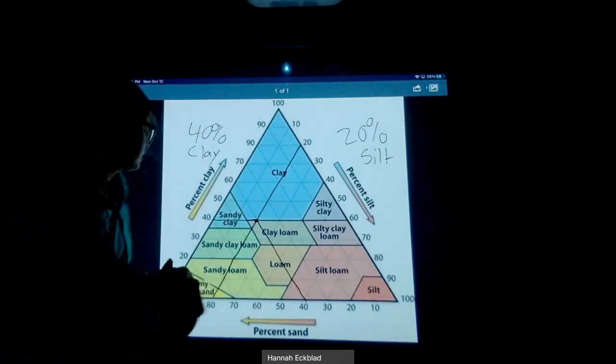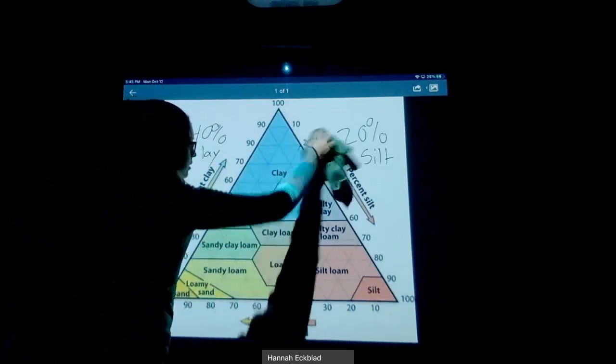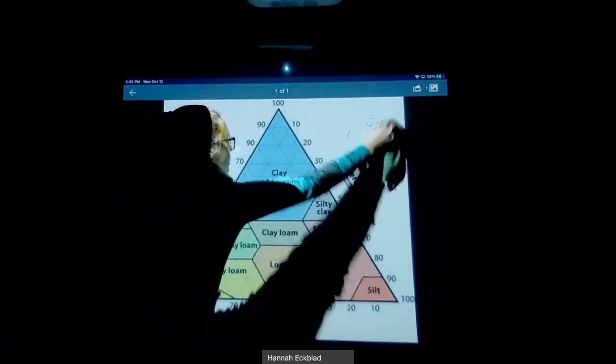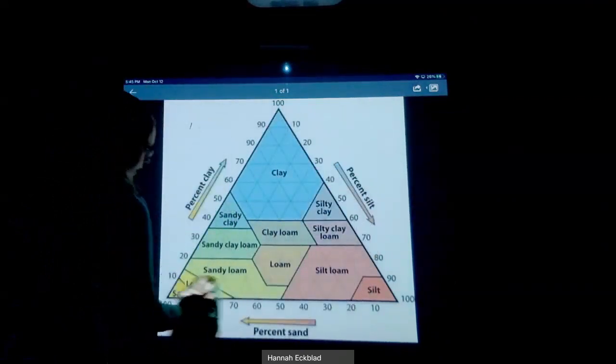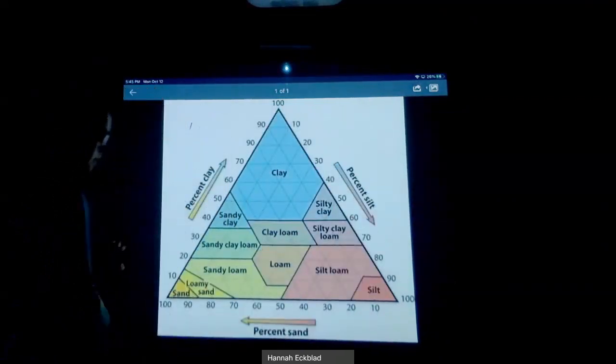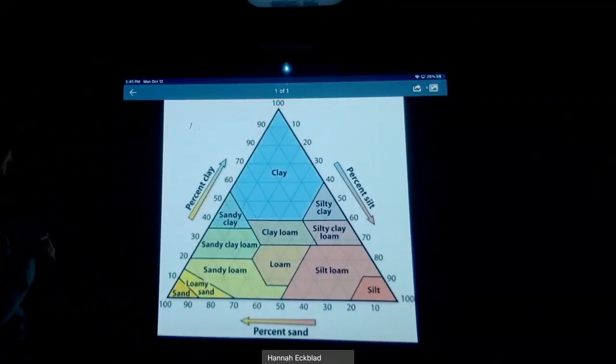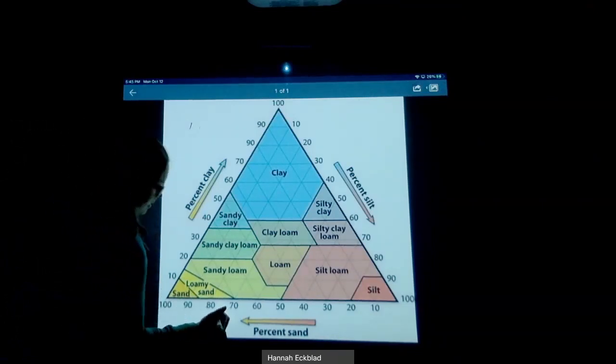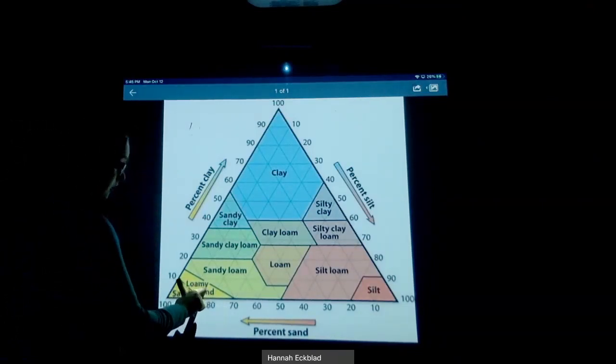Now, say I know that I have a soil that is a silt loam. Then we're going to do a smaller one. Say I know it is a silt loam, and I know that it has 80% sand. So I know it's, or sorry, not a silt loam.